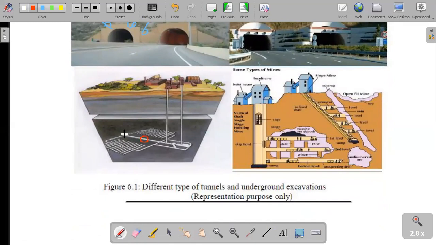These are the excavated areas, the white portion you are seeing. You can see how much force or stress will be there on these openings due to the rocks present above or the side rocks. So we will calculate these stresses on any excavated area.